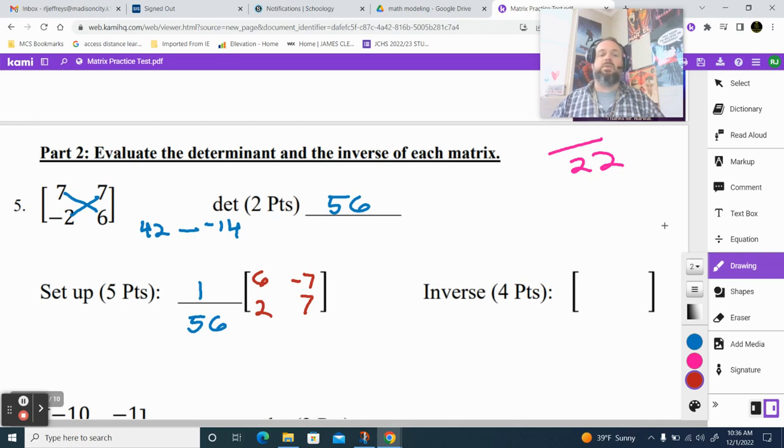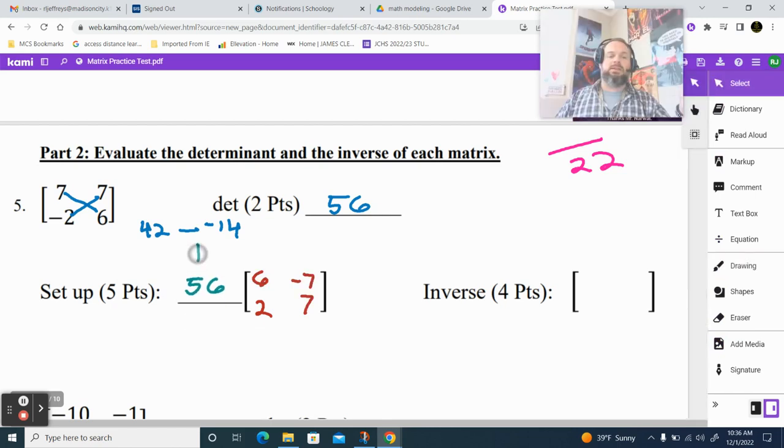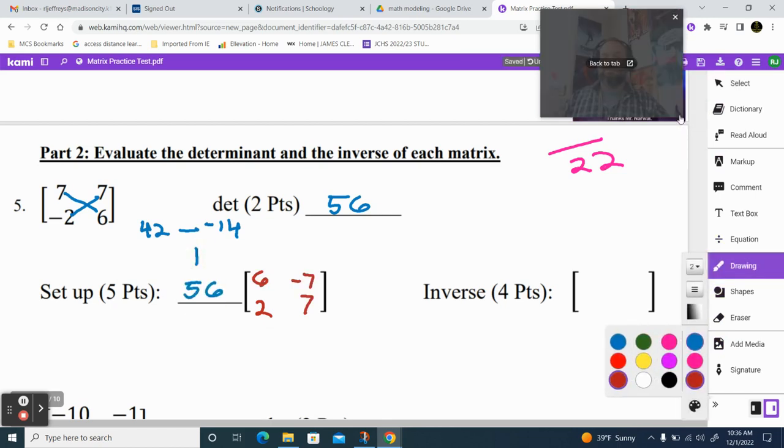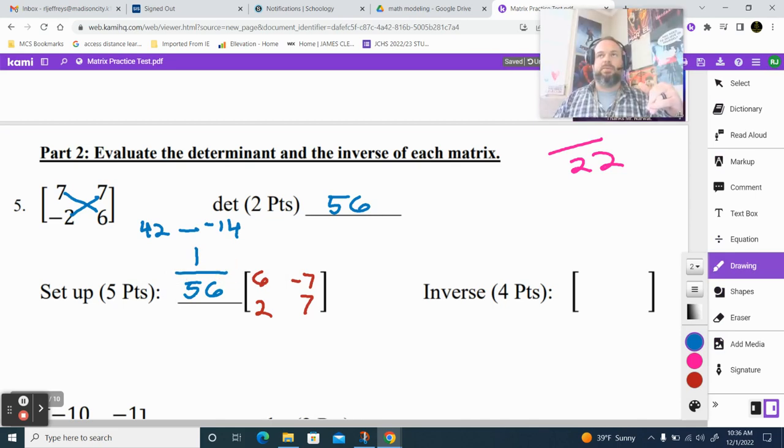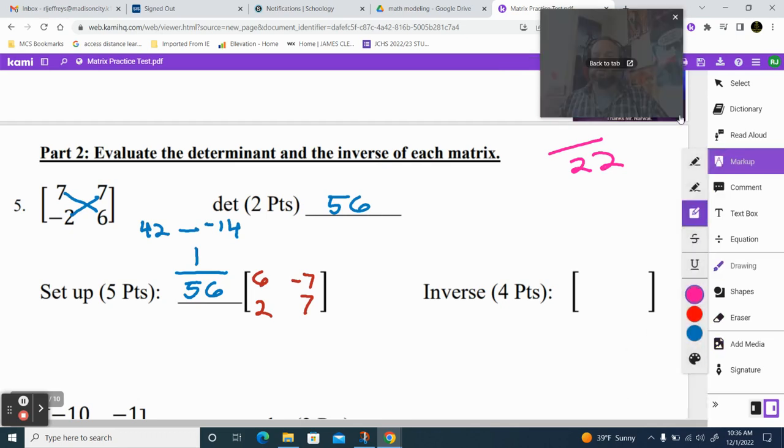To find the inverse, we take the reciprocal of the determinant. So we flip it. It's one over 56 instead of 56 over 1. Remember, you swap.